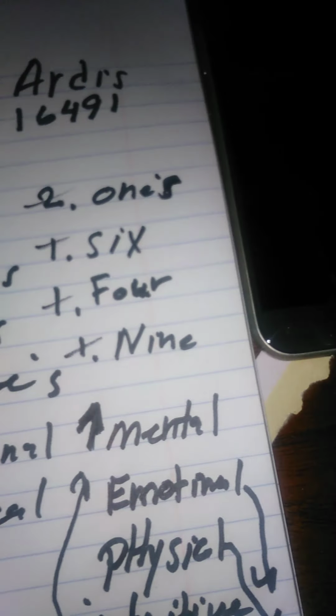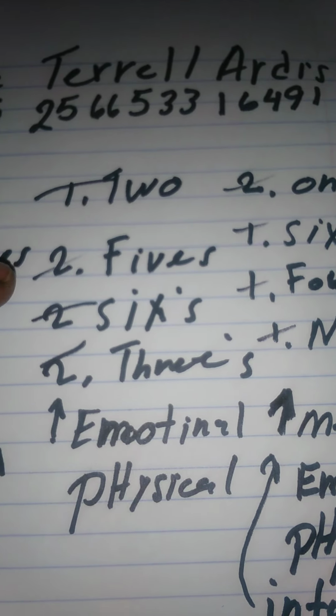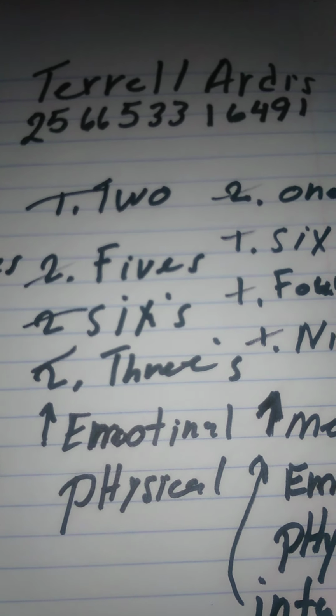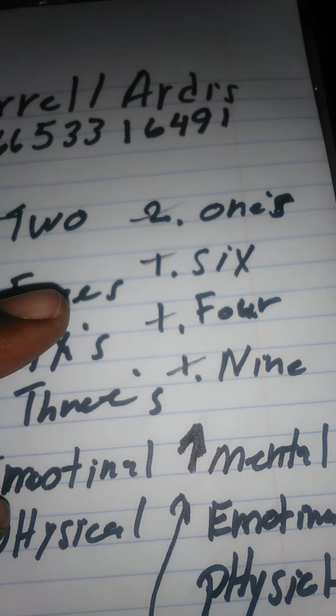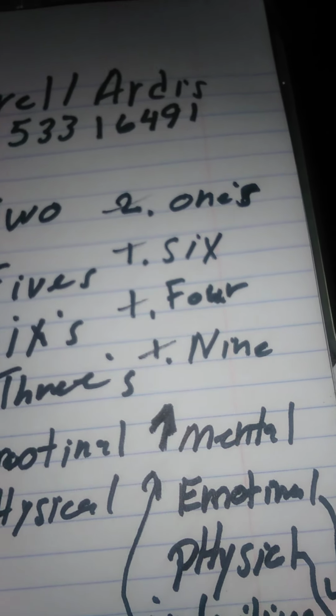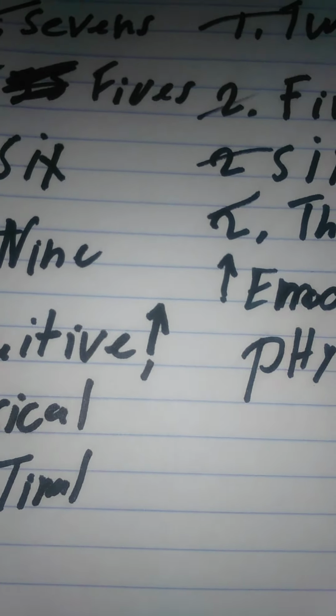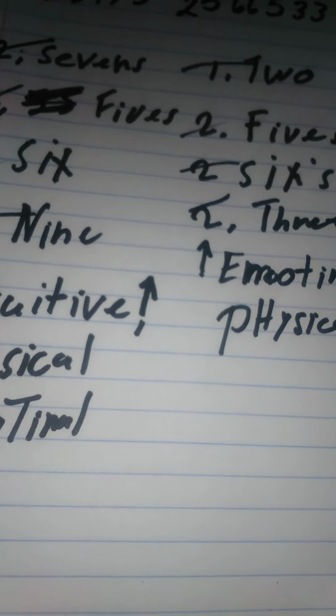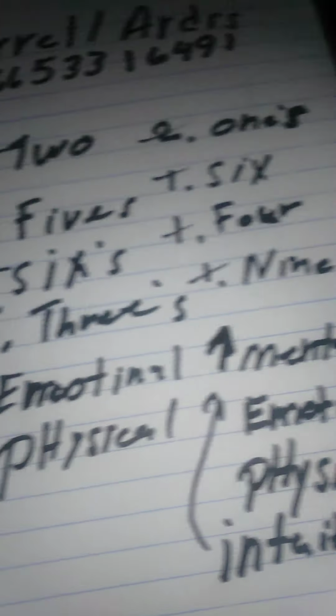I had 1 2, 2 5s, 2 6s, 2 3s. And I had 2 1s, 1 6, 1 4, 1 9. So I didn't do it quite like this. I was looking at all the attributes in my name at one point, and I didn't collectively put them together like I should have. And I knew that was the issue, but up here clearly shows.